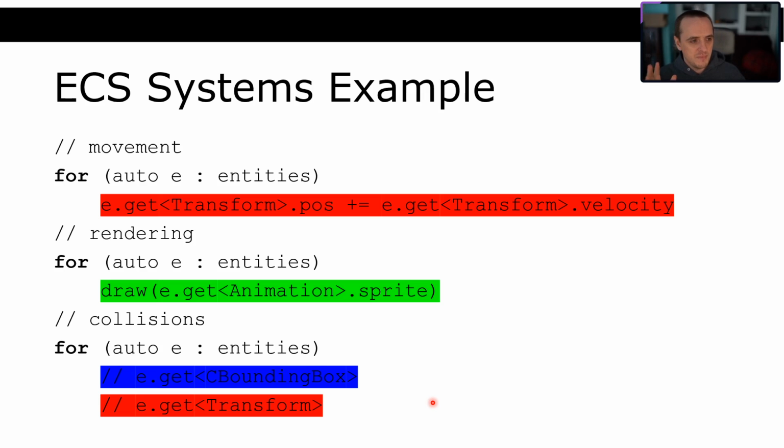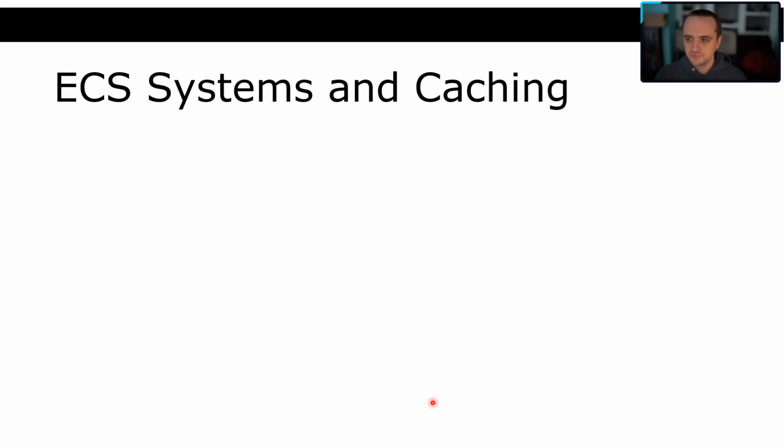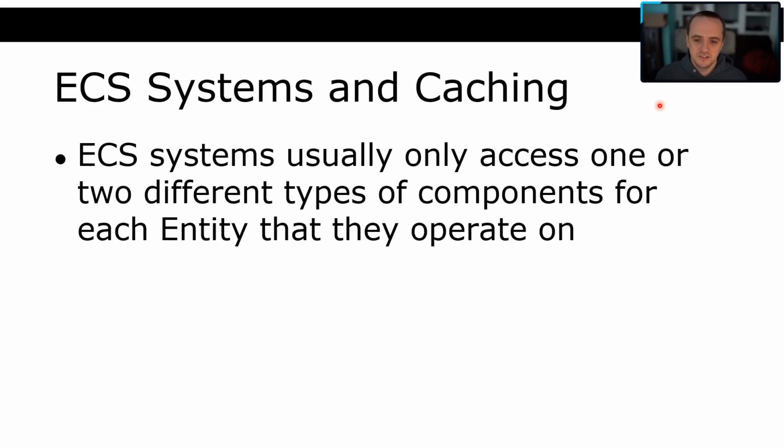However, the main point here is that very rarely is a single system looping through all the entities and accessing all the different components. Okay? Very rarely is that actually happening. And so ECS systems usually only access one or two, or at least very few, different types of components of each entity that they're operating on.